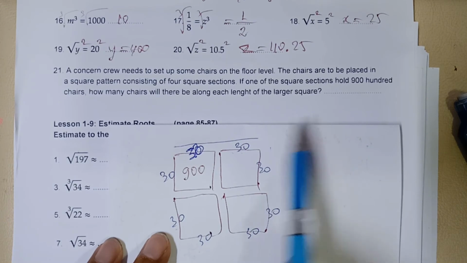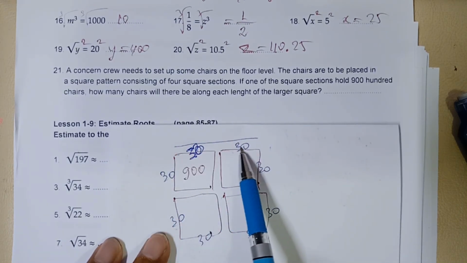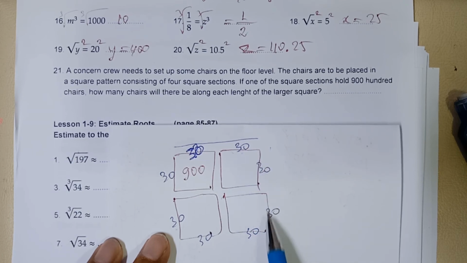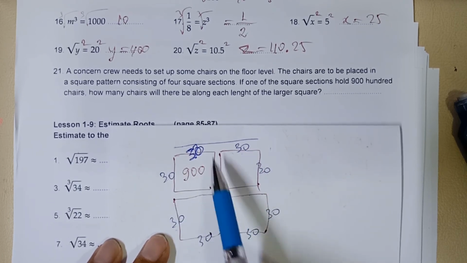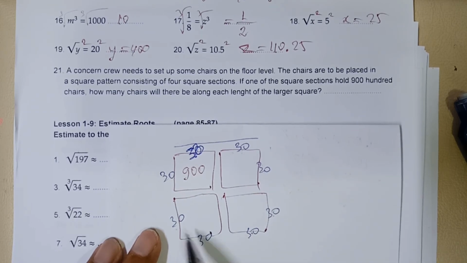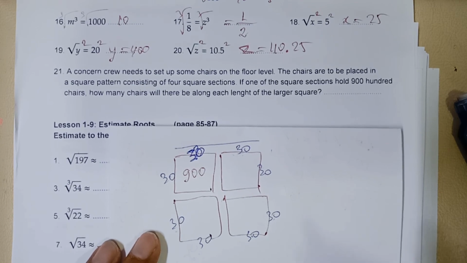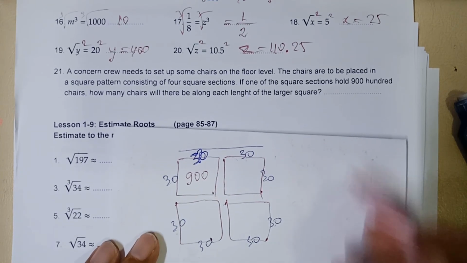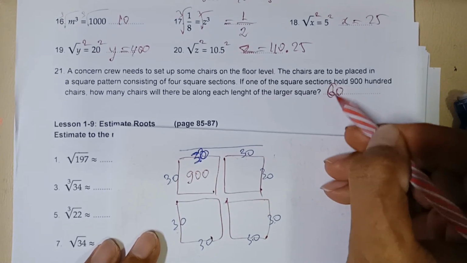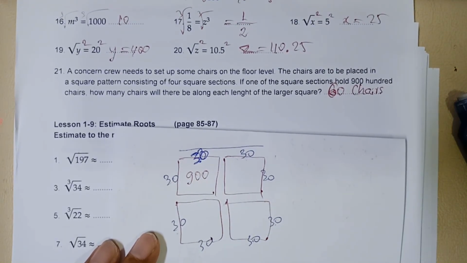Then to answer the question, how many chairs will be along each side length of the largest square? As you can see, 30 plus 30 is 60. 60, 60, 60. So together, to answer the question, 60 chairs.